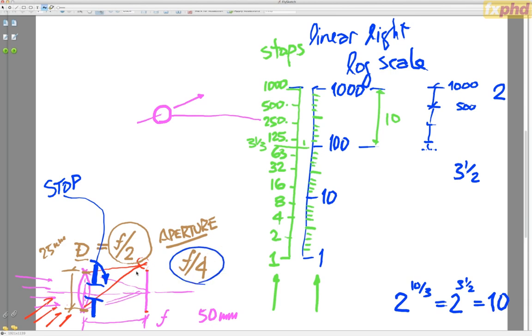Now, the question that Peter had the other day was, well, how do those f-stop numbers relate to this scale? Because, Charles, you've said that the stops on this diagram go down in factors of 2, and you've said that the stops are related to the light power.